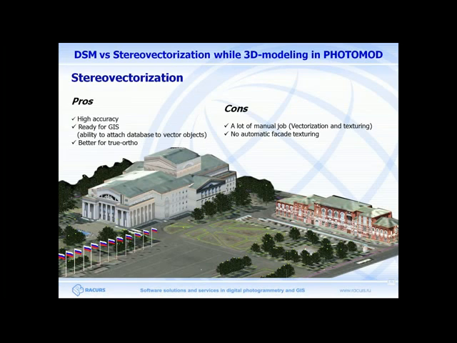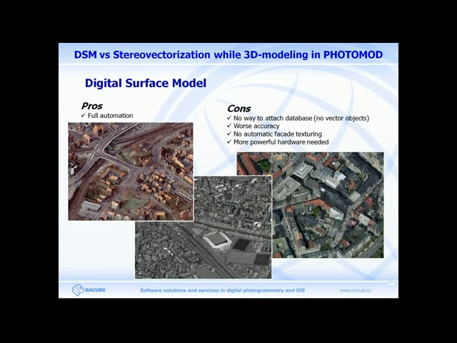The advantages of stereo vectorization are high accuracy of the models, as digitizing edges of objects in stereo mode is performed with accuracy of the order of the original image resolution. Best interoperability with GIS: vector objects are independent and can be attached to a database and given attribute information. It is also better used to create true ortho.